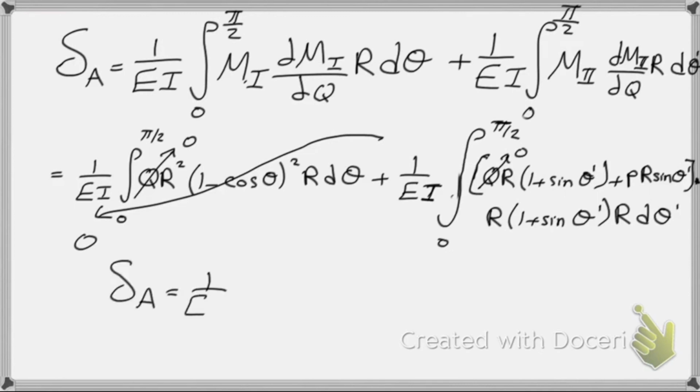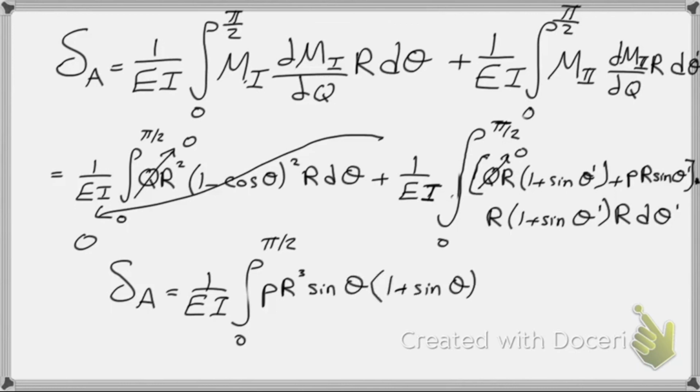So 1 over EI, the integral from 0 to pi over 2, and since Q is a dummy load, it's going to be P here, P R cubed sine theta times (1 plus sine theta) d theta prime.